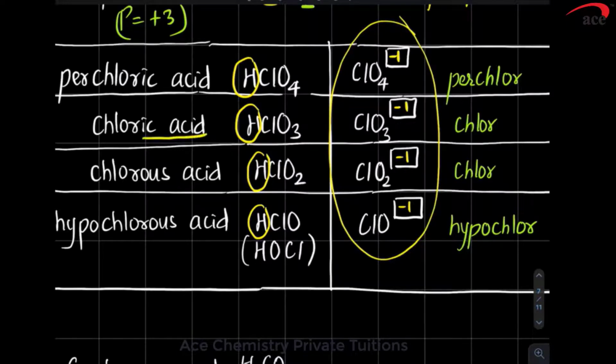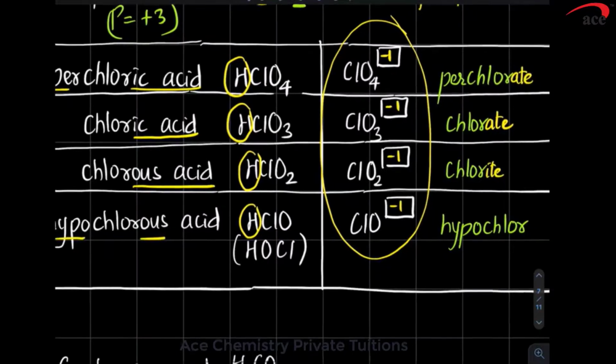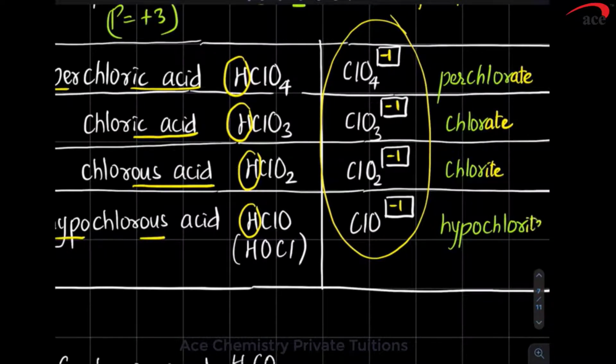If it is coming from chloric acid, yes, chlorate. If it is coming from chlorous acid, correct, chlorite. If it is coming from perchloric acid, perchlorate. If it is coming from hypochlorous acid, correct, hypochlorite. But are you able to see? There is a logic everywhere in writing the name, and there is a logic for remembering the charge.